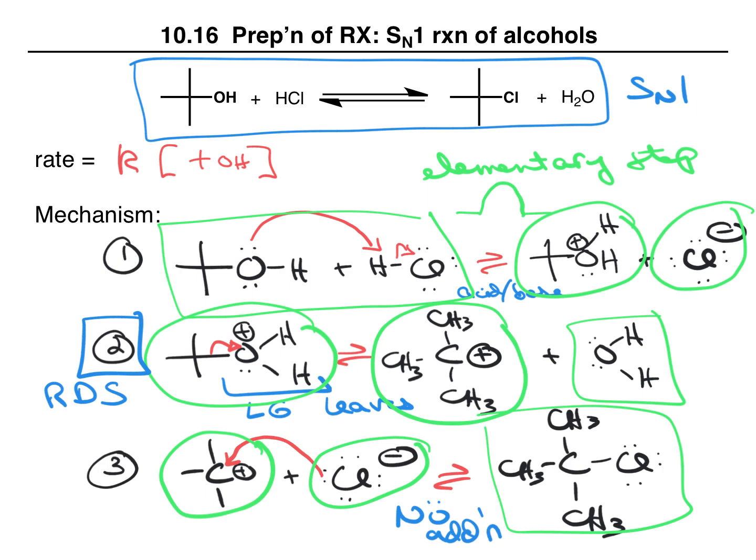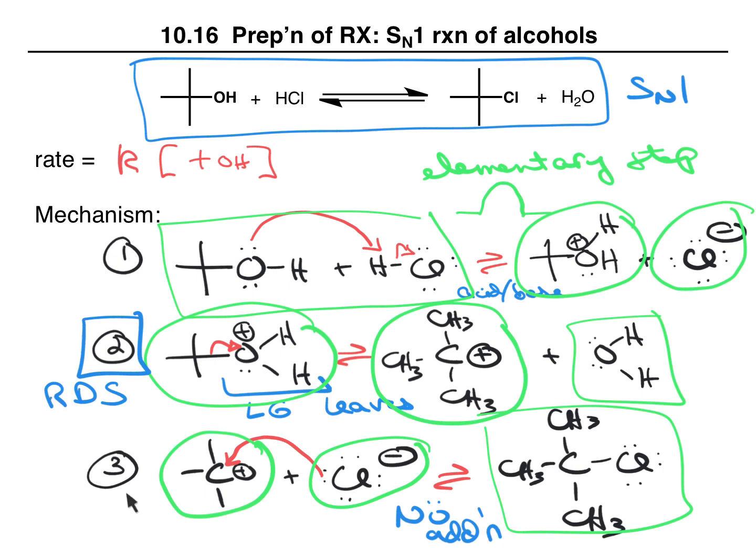Unimolecular because in the rate determining step, there is only one molecule in the transition state. So we give a number to the mechanism based on how many molecules are in the transition state of the rate determining step. So SN1, substitution, nucleophilic, unimolecular.